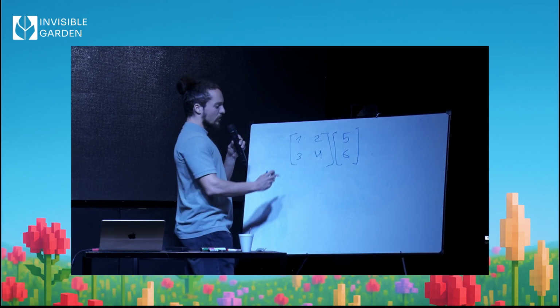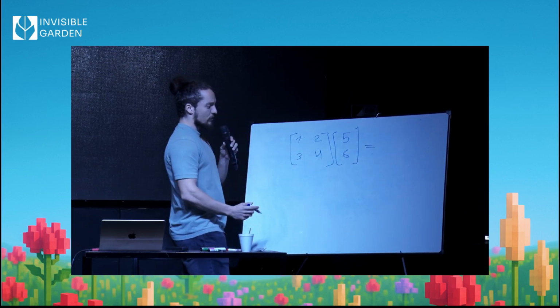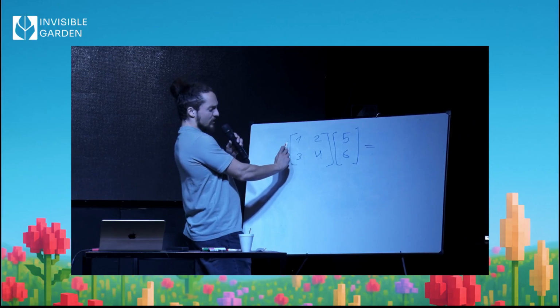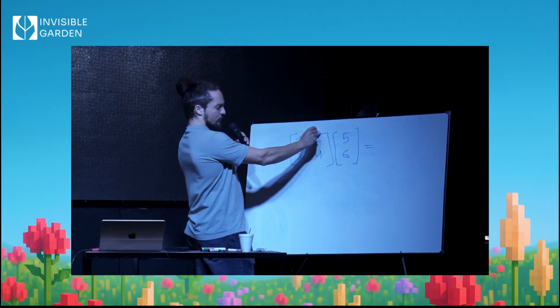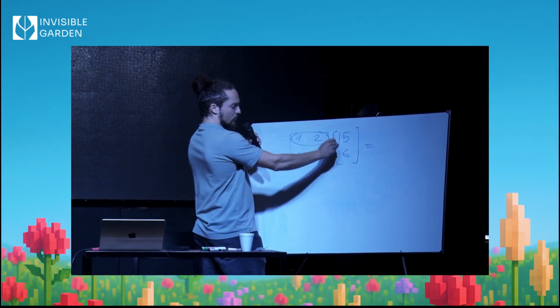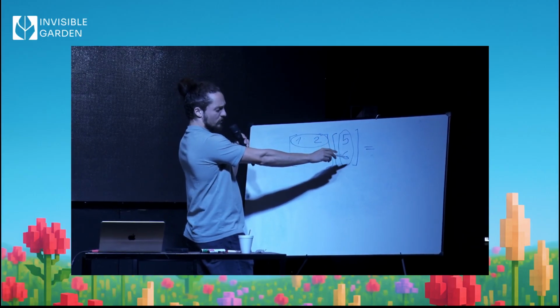The way you multiply a matrix and a vector is that on the left side, you take the first row, and you combine it with the first column on the right side.